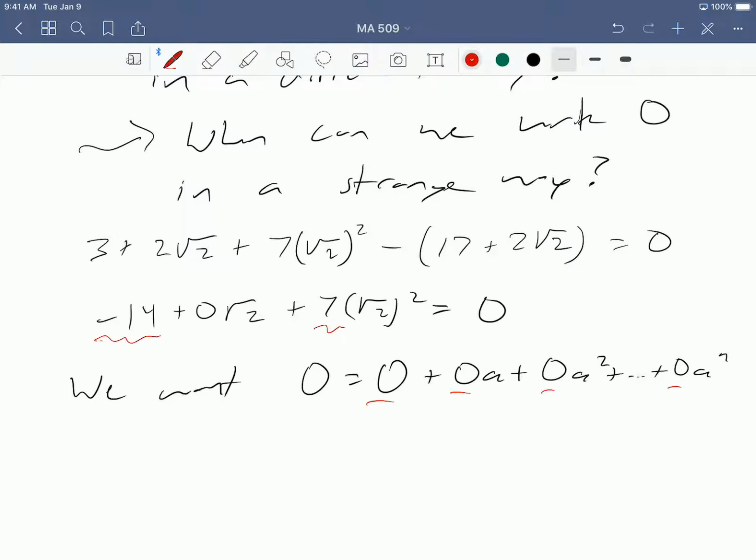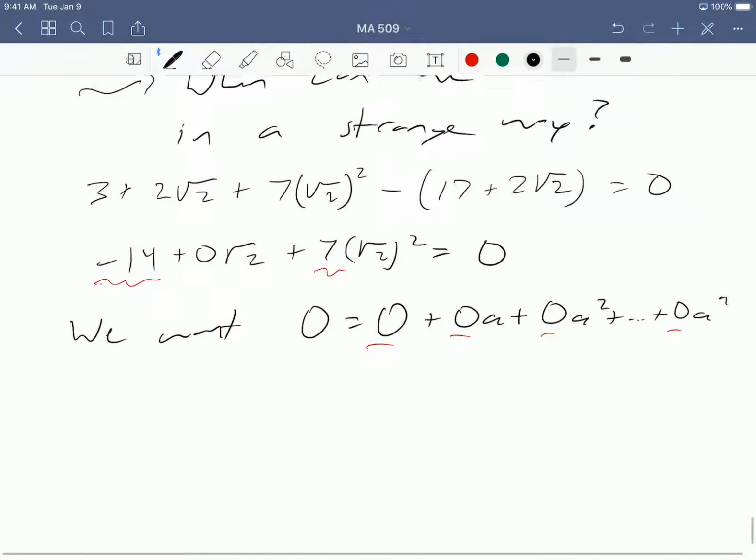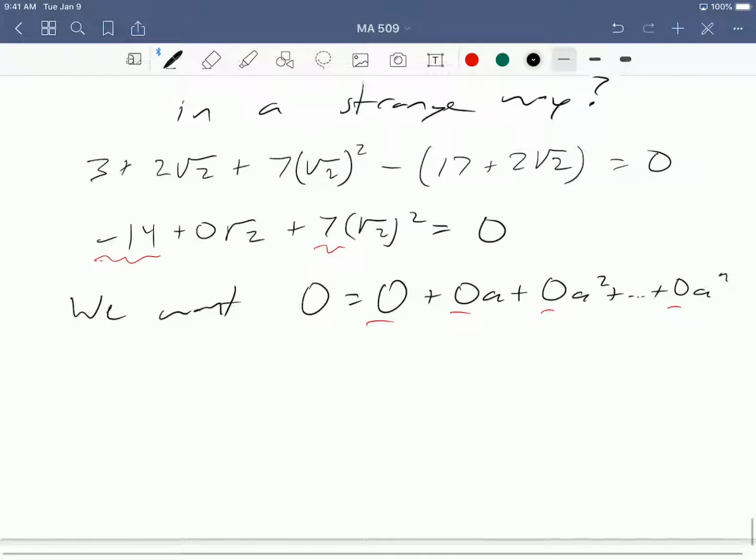And my example above, I have an expression with powers of root 2. There my a is root 2, but I don't have all 0 coefficients. And that's because of how root 2 behaves. Okay?